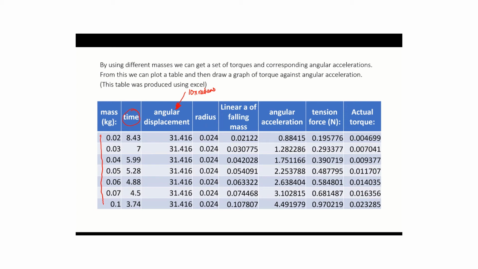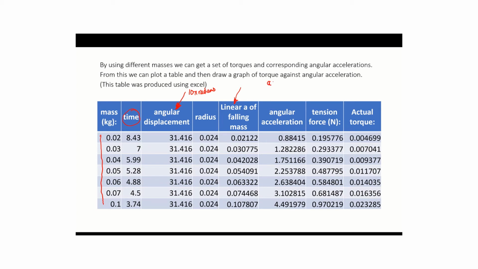We've got the radius here, which we measured previously, and then we're working out the linear acceleration of the falling mass, and that was shown to you on the previous slide. Having got that linear acceleration, we need to calculate the angular acceleration.